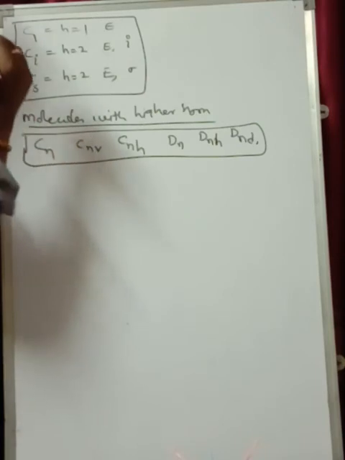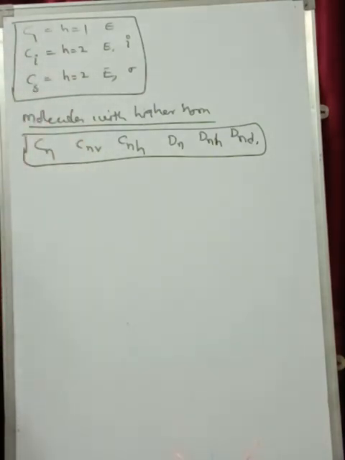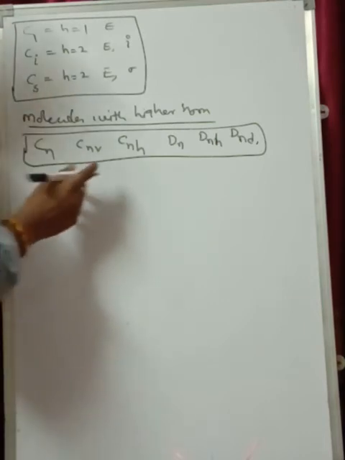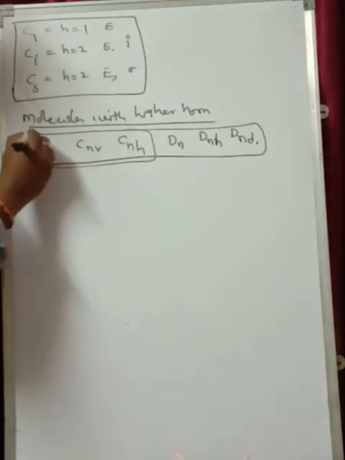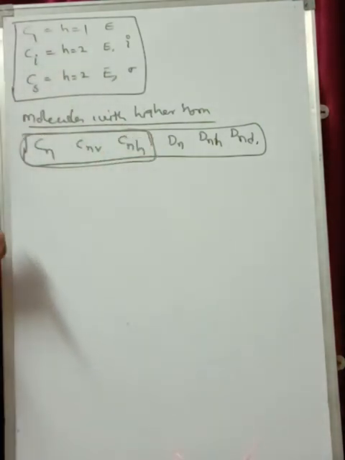So under this category, we have all these point groups: Cn, Cnv, Cnh, Dn, Dnh and Dnd. In just the first three cases, the highest symmetry element is the rotational axis of symmetry. The higher symmetry element present in all these cases is the rotational axis of symmetry.